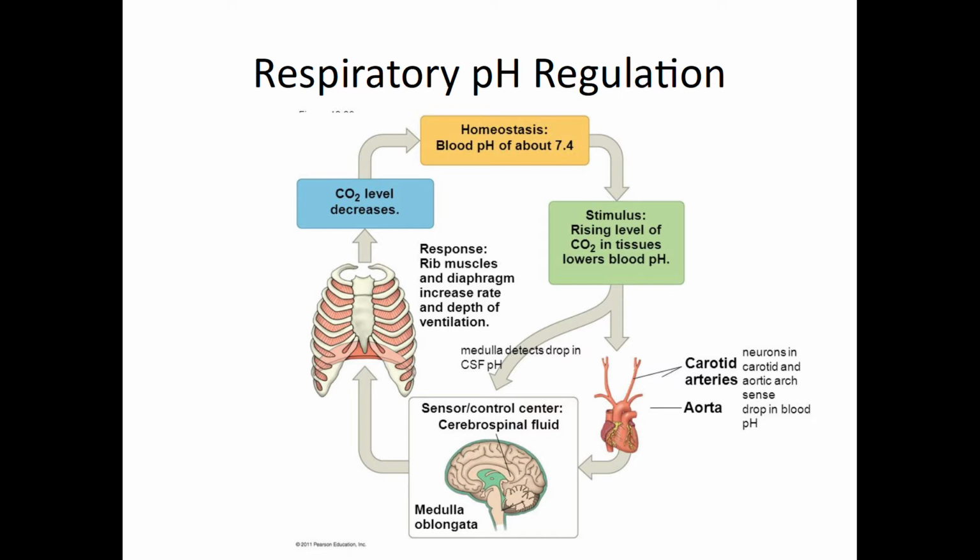Now, again, we need to maintain this pH regulation very tightly. So to do that, we have two methods of adjusting the pH in the body. The main one is respiratory pH regulation. Our first initial response to a change in pH is changing our breathing patterns. Because remember, an increase in CO2 is going to decrease pH and vice versa.